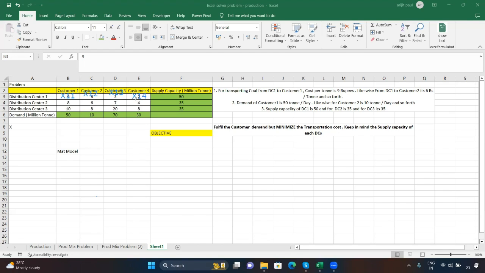For the fourth one, we have mentioned X14. So 1 stands for distribution center 1, 4 stands for customer 4. So that is why we have referred this cell as a X14.